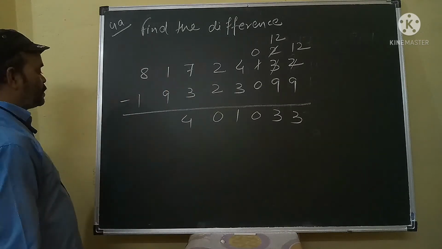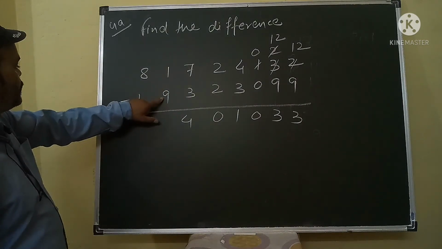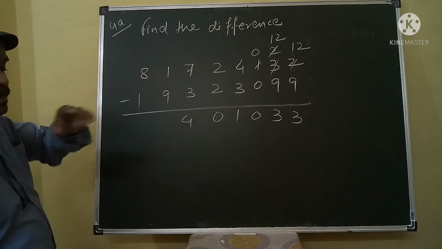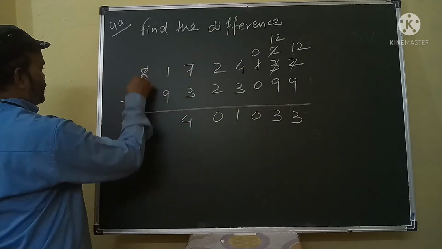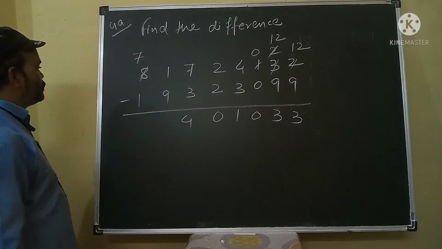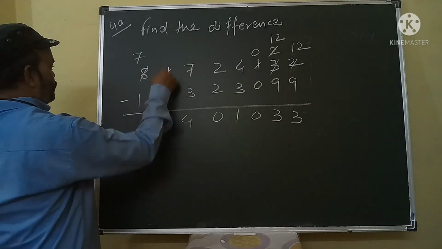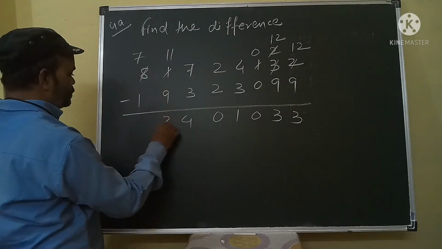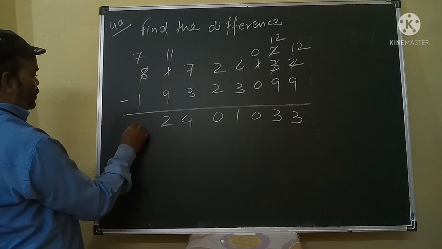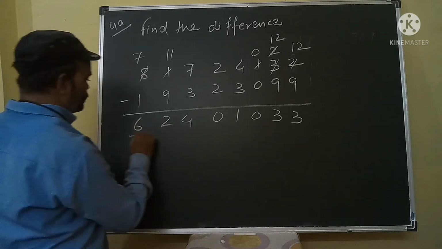This is 9 and this is 1. We cannot subtract 9 from 1. So what will you do? We take one number borrow from 8. 8 converted to 7 and 1 converted to 11. 11 minus 9, 2. 7 minus 1, 6. Okay.